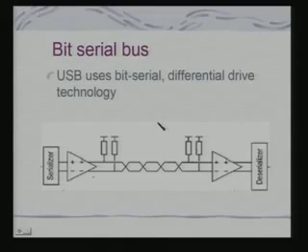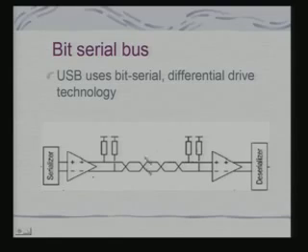So, the basic concept is that of a bit serial bus. Now, this bit serial bus, which uses differential drive technology, is distinct for USB and different from your I2C or SPI, because I2C and SPI were primarily on-board specifications, that is, typically on a single PCB. When I am trying to put different devices together, I would connect them using I2C or SPI.